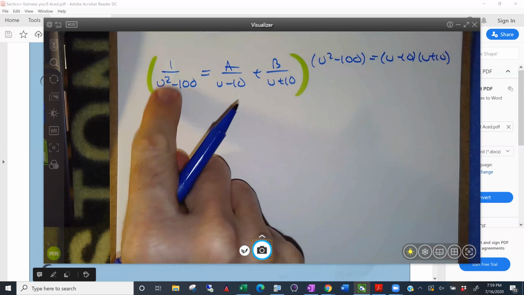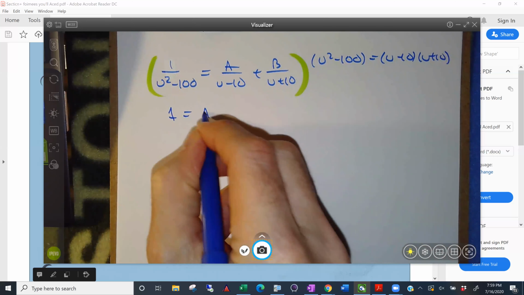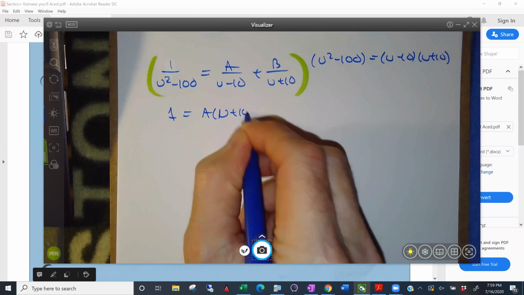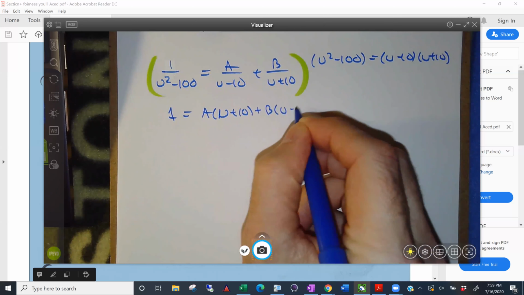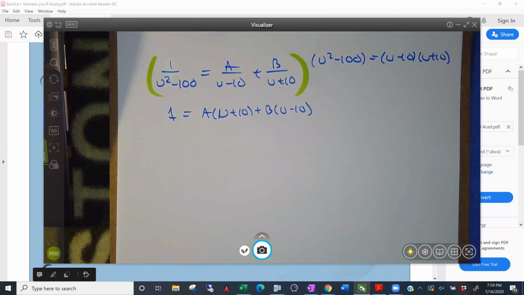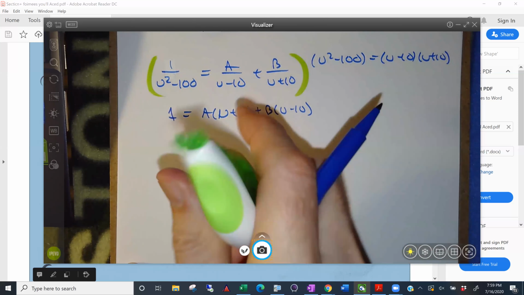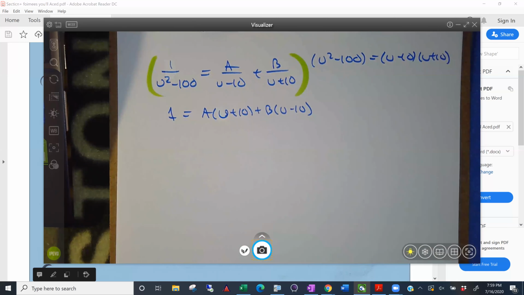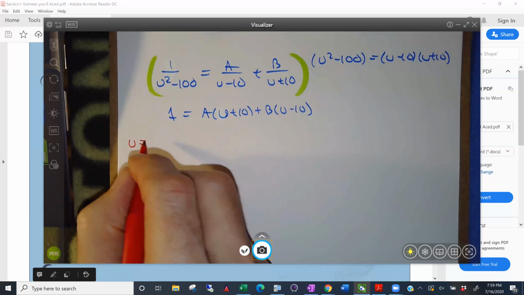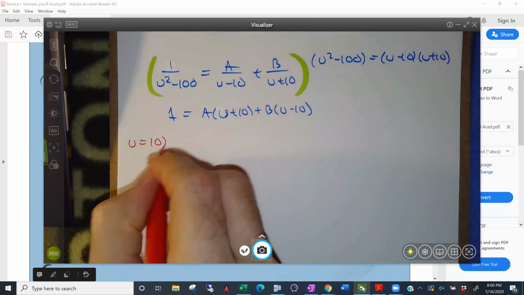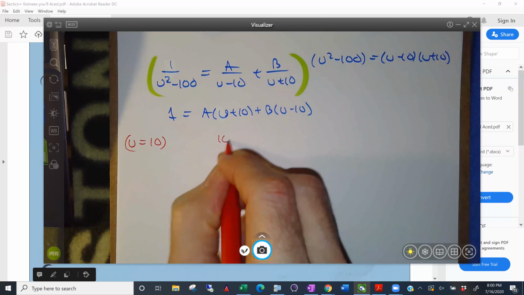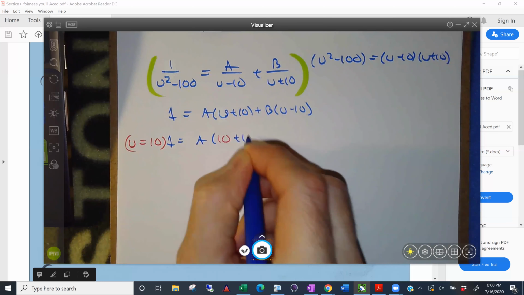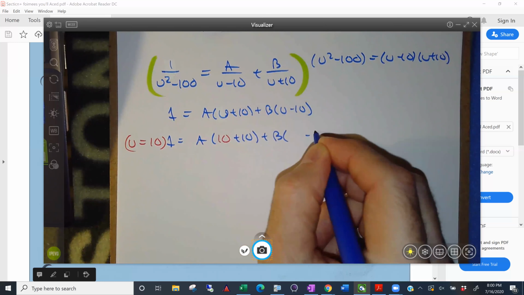We're going to get some cancellation. On the left-hand side, that's going to cancel out. On the right-hand side, u minus 10 will cancel, leaving me with A times u plus 10 plus B times u minus 10. And the trick before will work here. We're going to choose some clever values for u. For instance, if I set u equal to 10, I'll end up with 1 equals A times 10 plus 10 plus B times 10 minus 10.